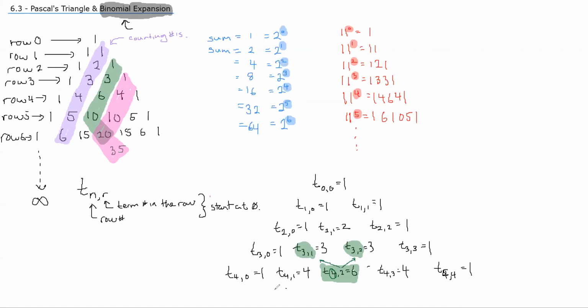The recursive formula for Pascal's triangle is Tn,r equals the previous row's previous term plus the previous row's same term. Pascal's triangle.